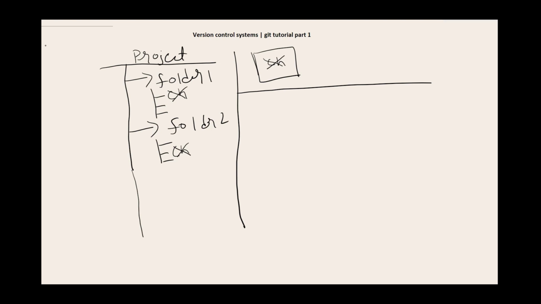Git is one among the tools which keeps track of it. With the help of Git, you can keep track of the stages of your project. So that is one problem: tracking of source code. Git solves the problem by tracking the source code so that you can easily go back to the previous stage of your application.